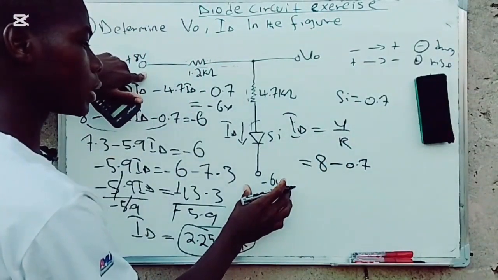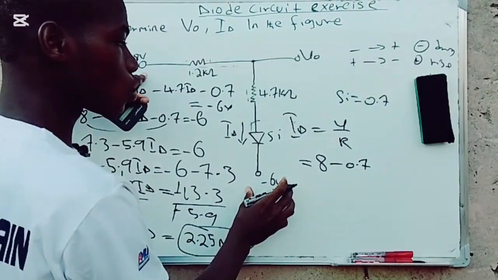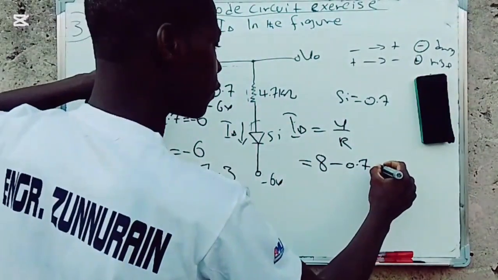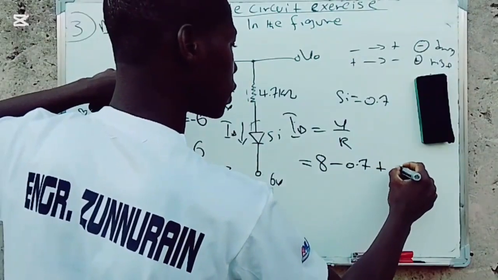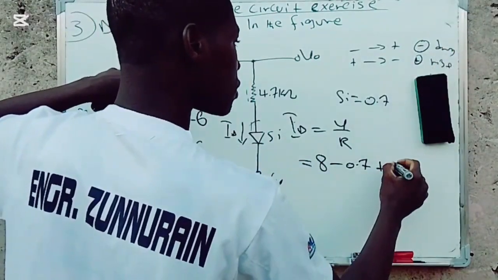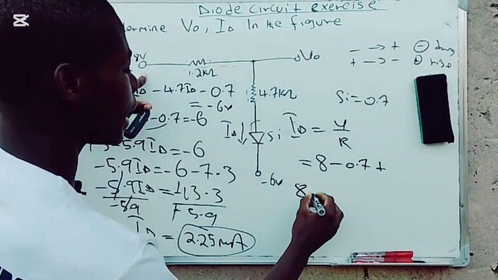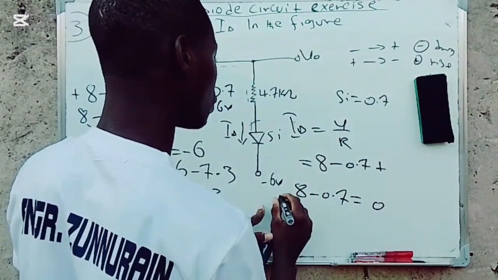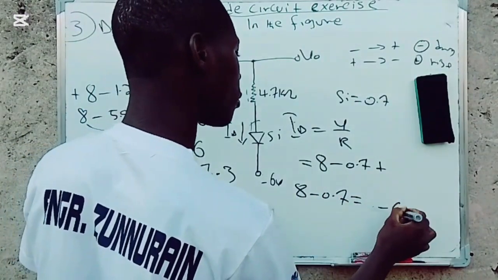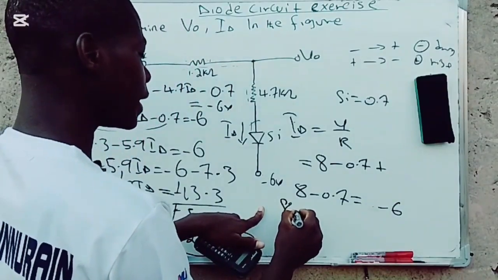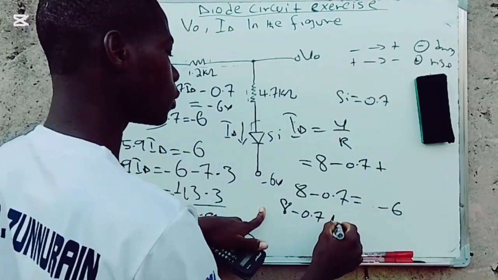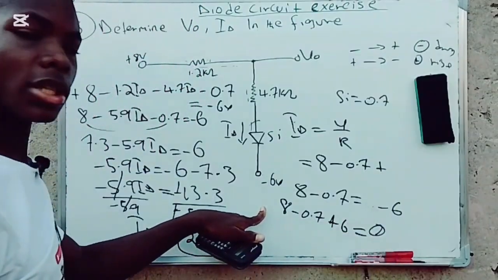The negative 6 will rise, so when it crosses the equal sign it becomes plus 6, and this equals 0.